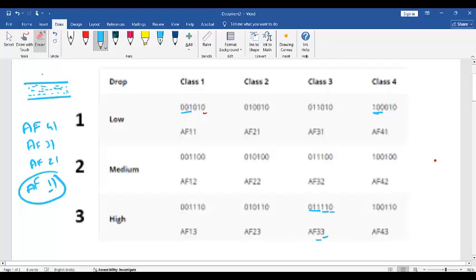Fine. Now let us go to the other scenario. Congestion is there again. Some traffic is marked with AF43, some with AF41, some with AF33, some with AF31. Which one to drop in order to avoid congestion? 31.